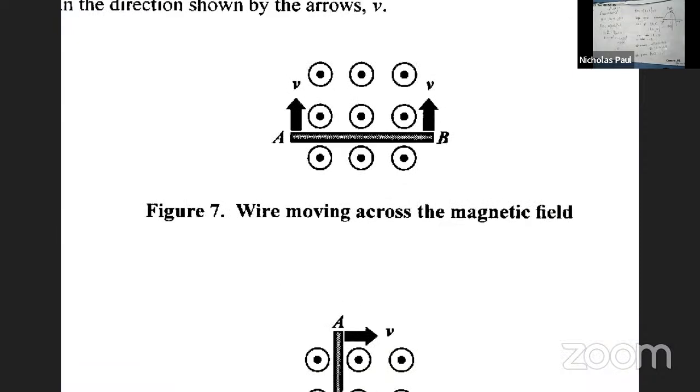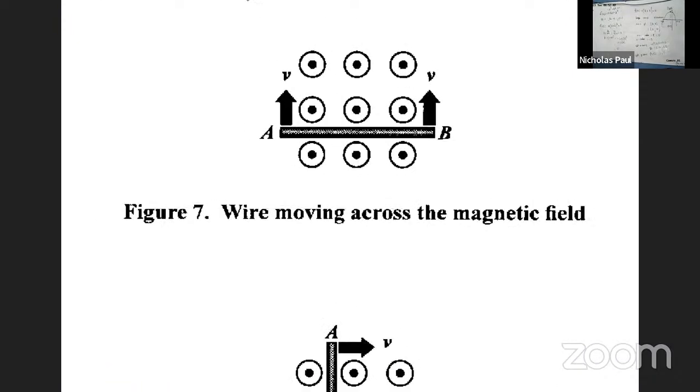Last one, and we're done. What will happen here? What direction will the current be on the wire AB? Right hand rule, you want to find current.